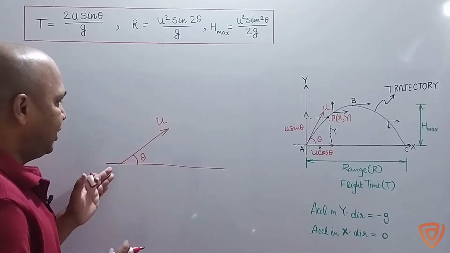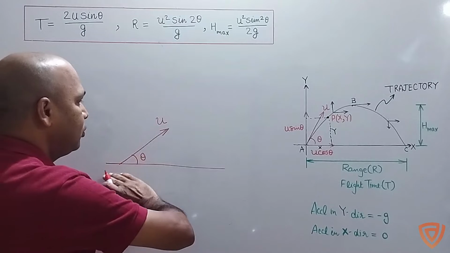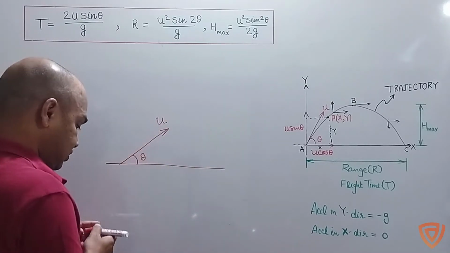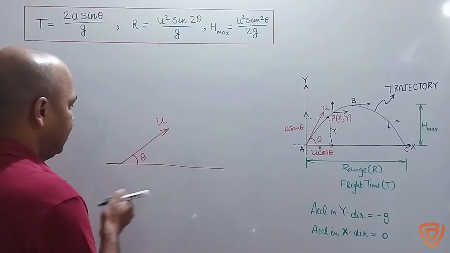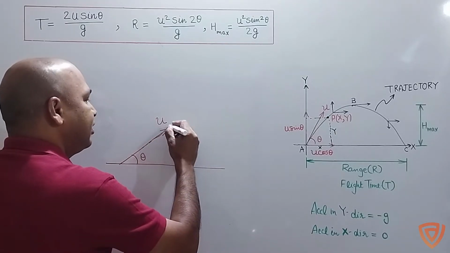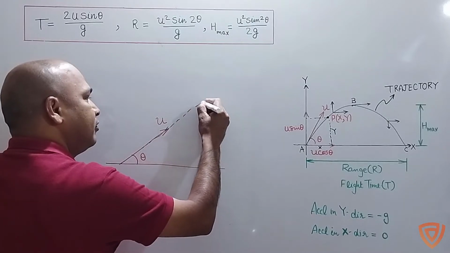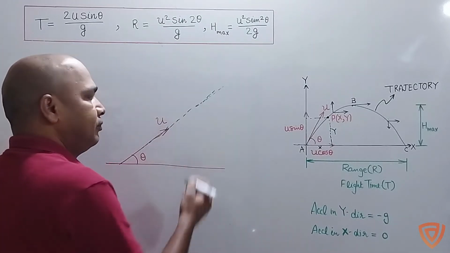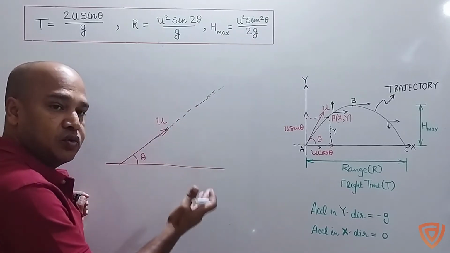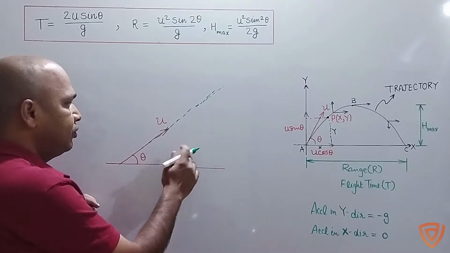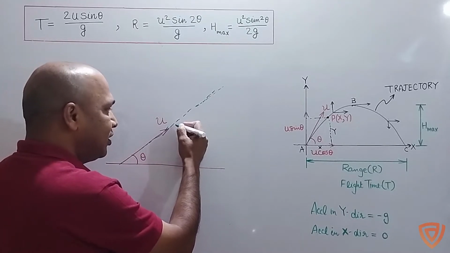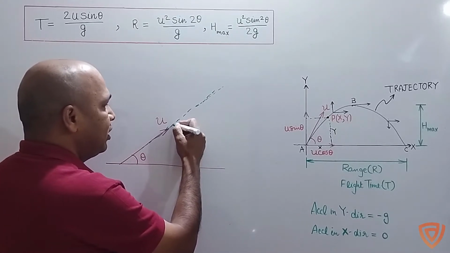So what do you think? How will this ball go? Some of you might think this ball might go straight like that, right? But actually it can go straight only if there is no gravity. Due to gravity, this ball or object will continuously be pulled down.